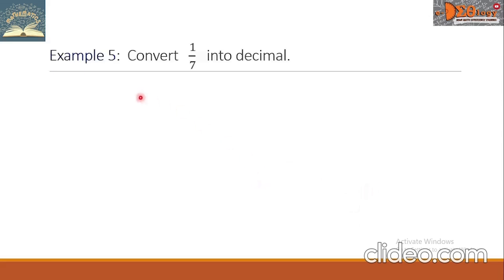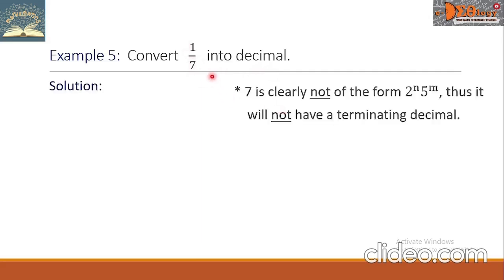Example 5. Convert 1 over 7 into decimal. We can see that our denominator, which is the number 7, is clearly not of the form 2 raised to n times 5 raised to m. Thus, it will not have a terminating decimal.